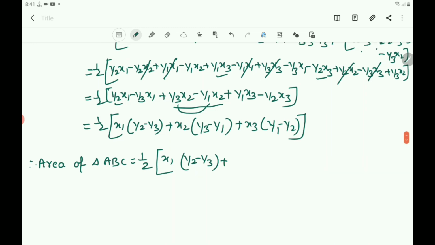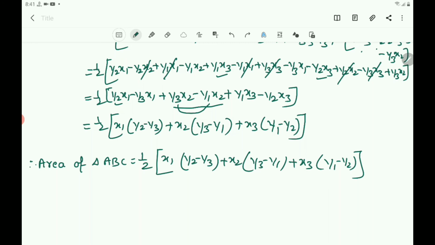Next, plus the second term x2 into (y3 minus y1), 2 3 1. Then plus x3 into (y1 minus y2), 3 1 2.